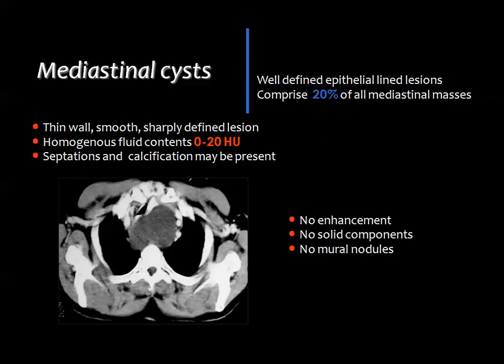The 3 positive are clear water content, paper thin wall, and sharp, well-defined margin. The 4 negative issues are that there is no enhancement, no solid components, no internal septations, and no calcification.